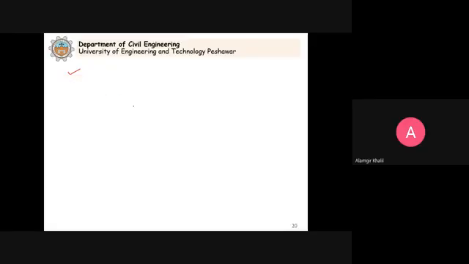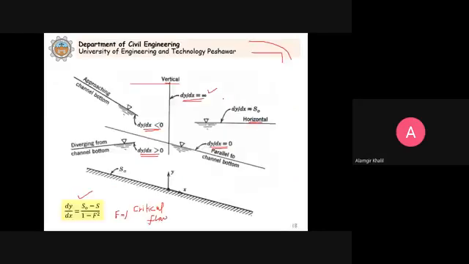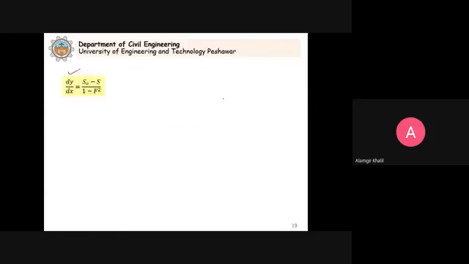Since we are considering rectangular channels for simplicity, let us make it even simpler. We can apply this to a non-rectangular channel, but the equation becomes complicated. That's why in the analysis we always consider the rectangular channel for understanding, since it is easy to develop the equation. Now we further simplify.